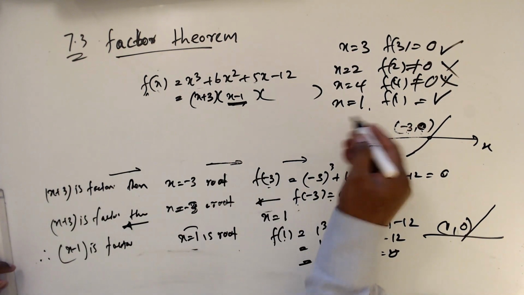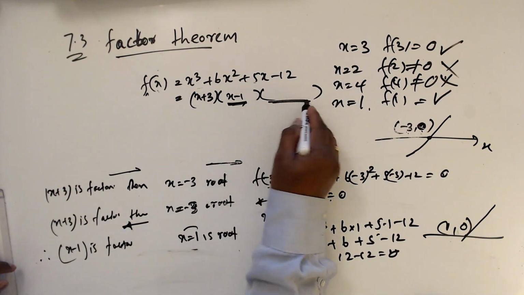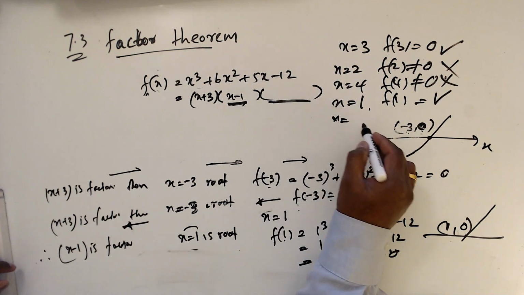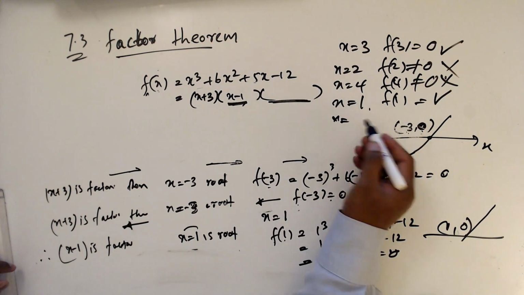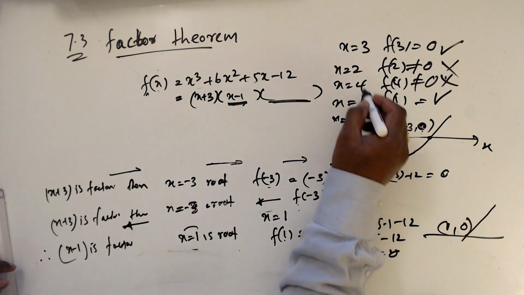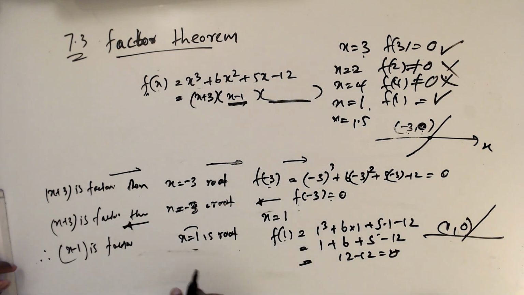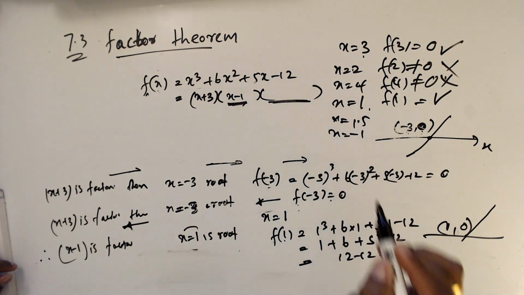Then likewise you have to do to find the other one, by trial and error. x equal 3, or we put 1, 4, 2, 3. So another value 1.5. Decimals could be sometimes, right? Or x equal minus 1.